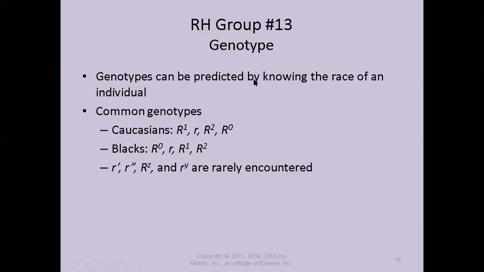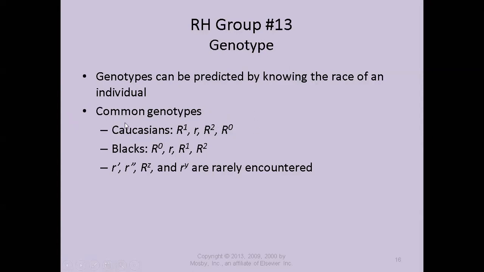So genotypes can be predicted if we have a person who's a pure race and we know the race of that individual. So our textbook lists Caucasians and blacks. And so, for instance, if you are Caucasian, inheriting big R1, little r, big R2, and big R0. These are the most common genotypes that are inherited. And remember, you're going to have two. Everybody has two, one from mom and one from dad.